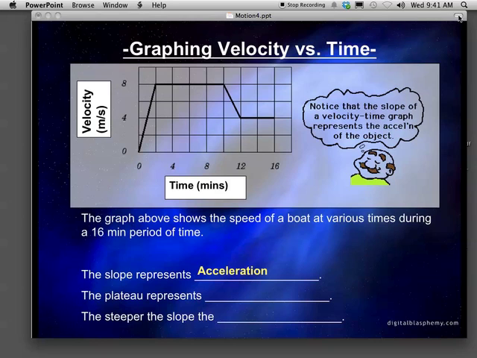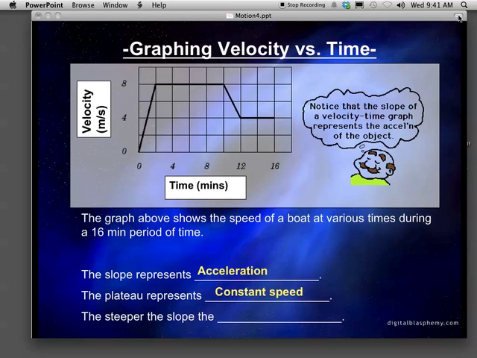When the line plateaus, what does that indicate? That it's traveling at a constant speed. This boat is traveling at the same speed, which is not changing. Now, what does a steeper slope mean on these graphs?